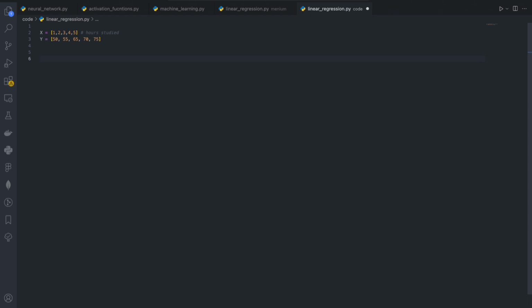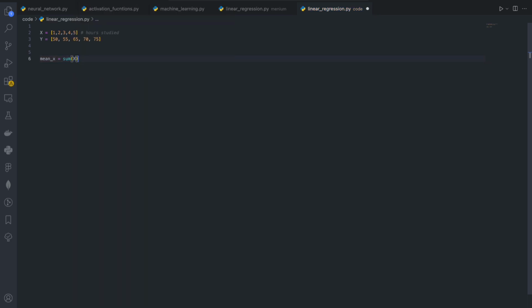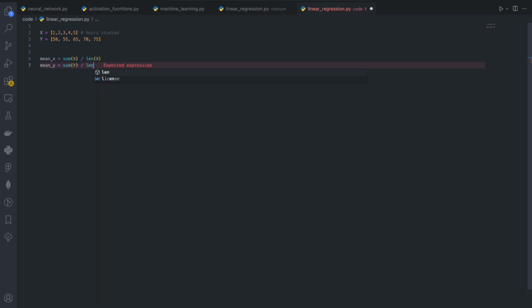So first we have to calculate the mean. So let's calculate the mean. Mean of x is equal to the sum of x, so that will be the total sum, divided by the length of x. Same goes for the mean of y, that will be the sum of y divided by the length of y. So here we have got the means.